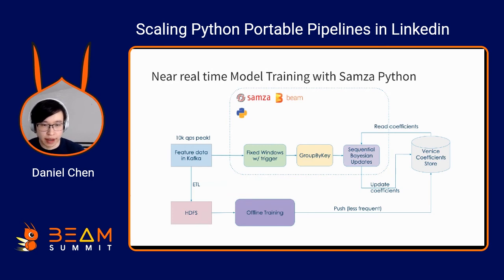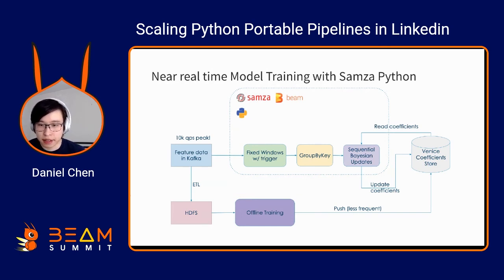So we have on one hand the fixed windows with the trigger and a group by key. The fixed windows again is to gather enough data in order to do some training on. And they're using sequential Bayesian updates here in order for the model training to be very quick.